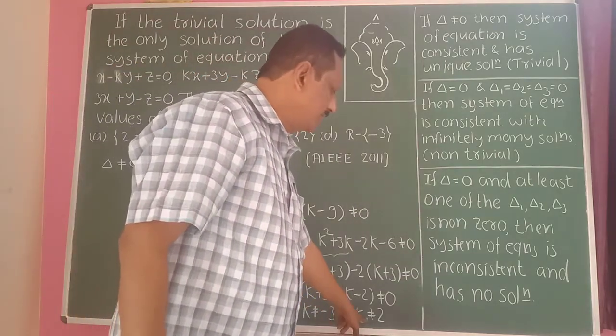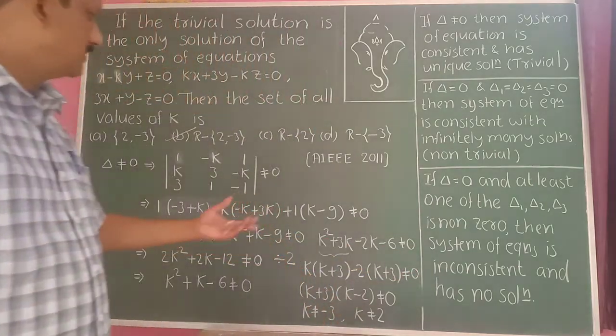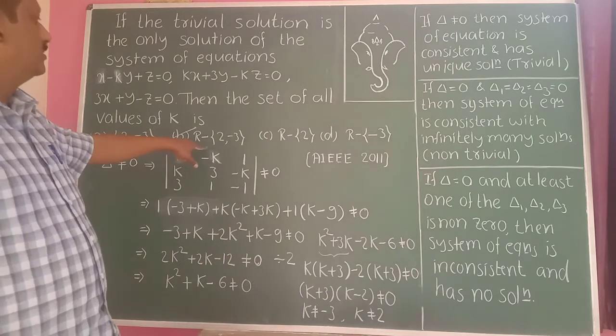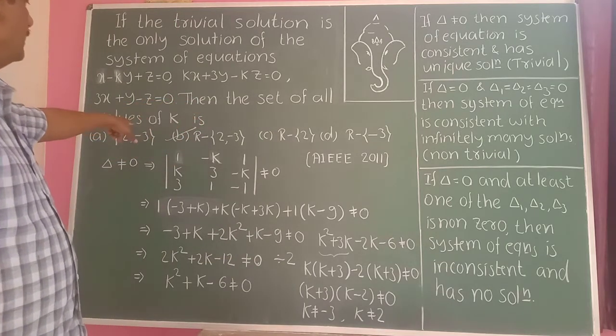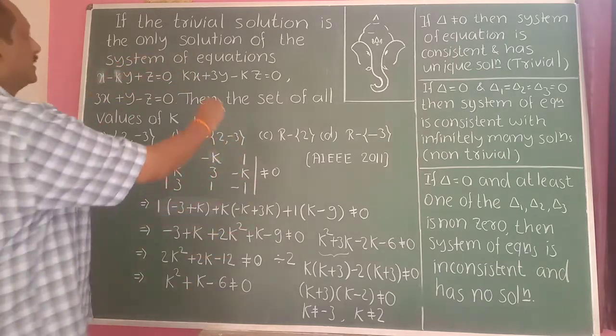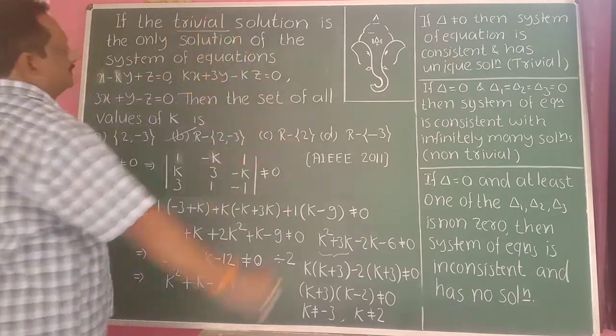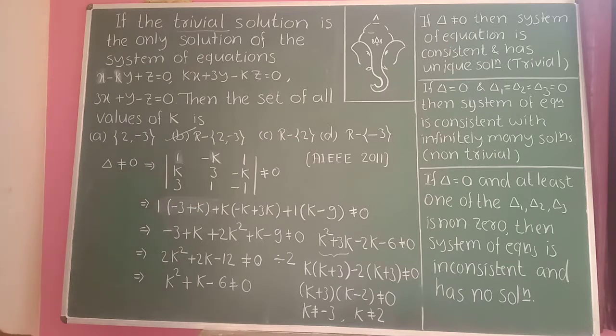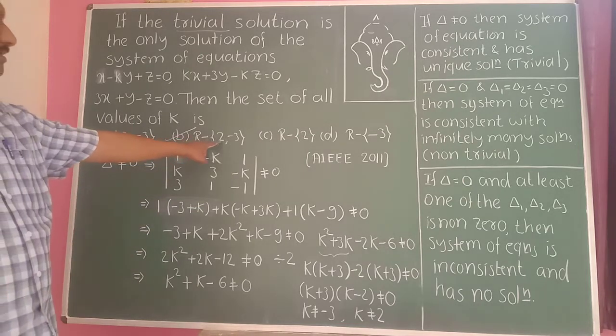Okay, you remove these two numbers from the set of real numbers, then those are all the values of k satisfying the system of equations so that it has only the trivial solution here. Then R minus the set {2, -3}.